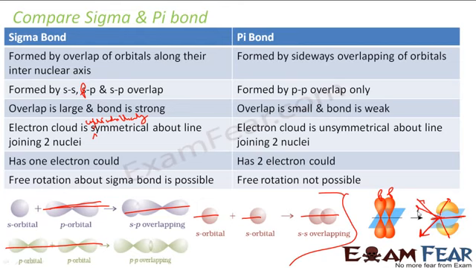Somewhere you get something else, here you get something else. In the sigma bond case, you go in any direction, you get the same electron cloud. So this has one electron cloud, while the pi bond has two electron clouds, one up, one down. In the sigma bond, free rotation is possible; in the pi bond, free rotation is not possible.